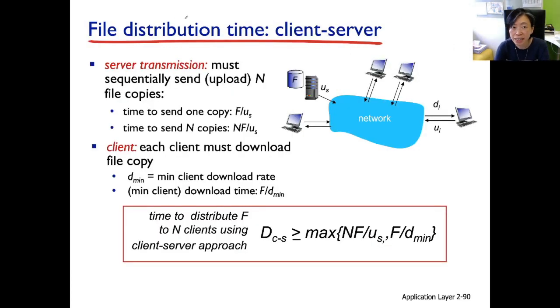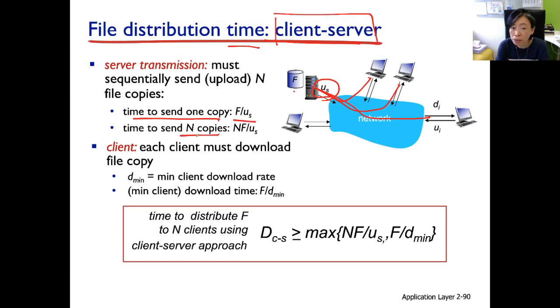Now let's calculate the time it takes to distribute the file to all end users. First, assuming the client-server model, the server will need to upload a copy and distribute it to each of the clients. If the uplink capacity is u_s, the time to send one copy will be F over u_s.